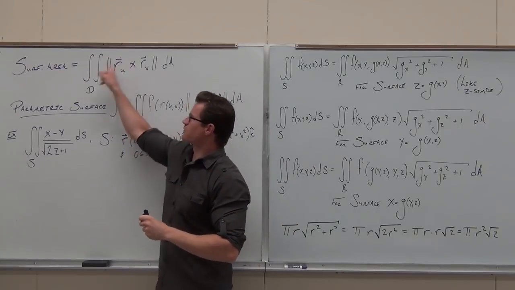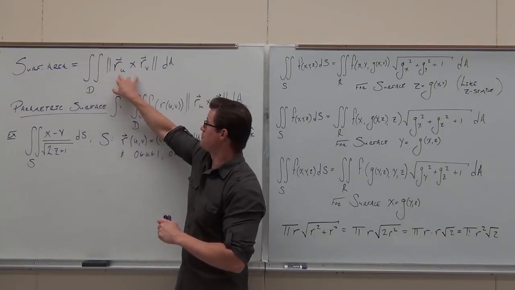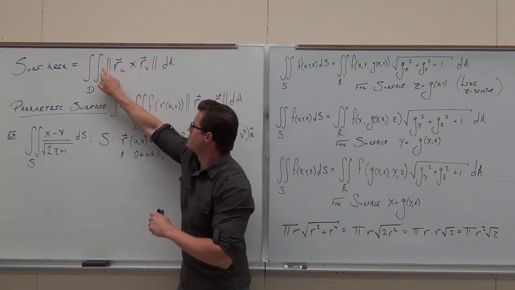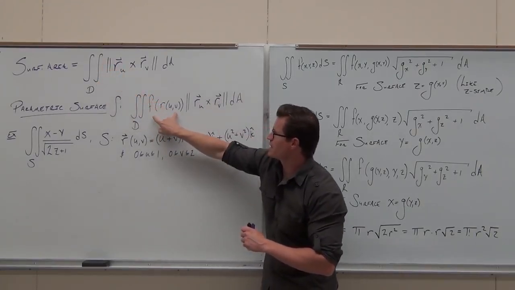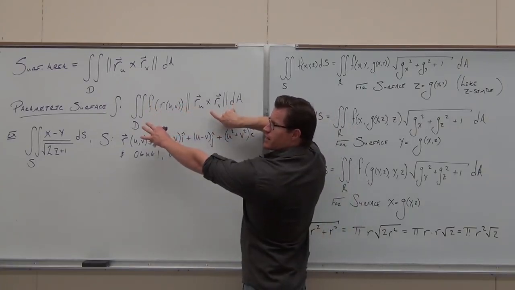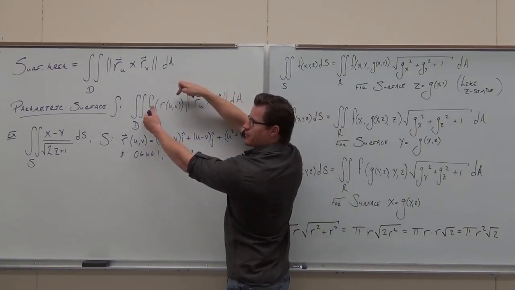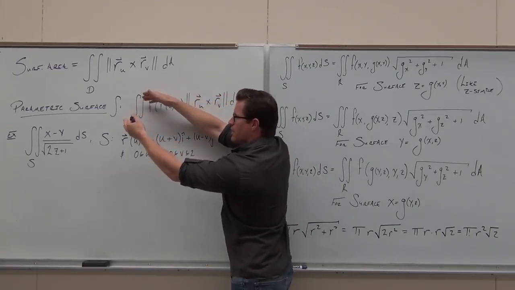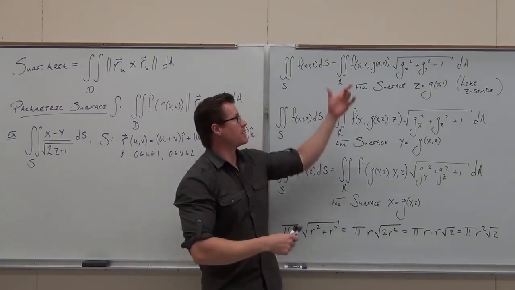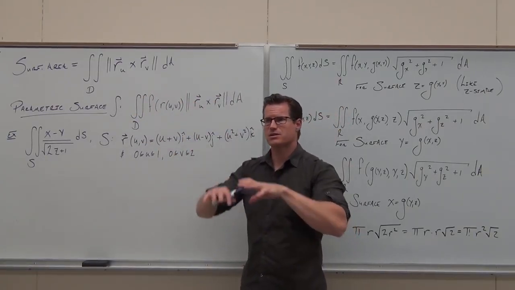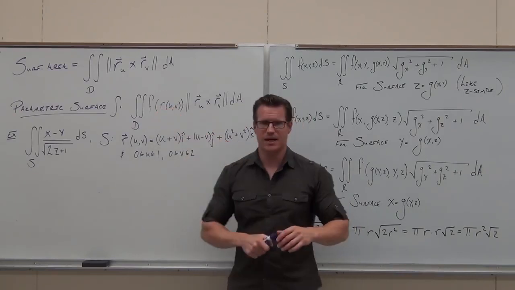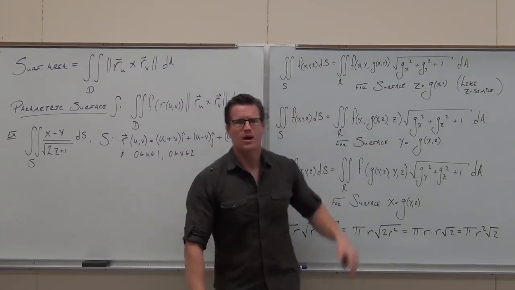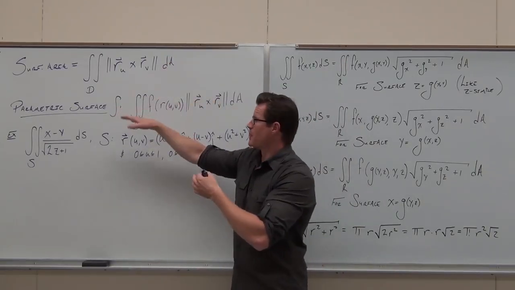If this is surface area of the surface parametrically defined, and we just put a mass density function right here, then we have surface area, the idea of mass at every point across the surface, and add it all up, and this should give us the same thing that this does, which gives us mass of a surface if that is the mass density function. Show of hands if you feel okay with that one. So just like we've done surface integrals before, now we should be able to do them parametrically as well, and that's what we can do.